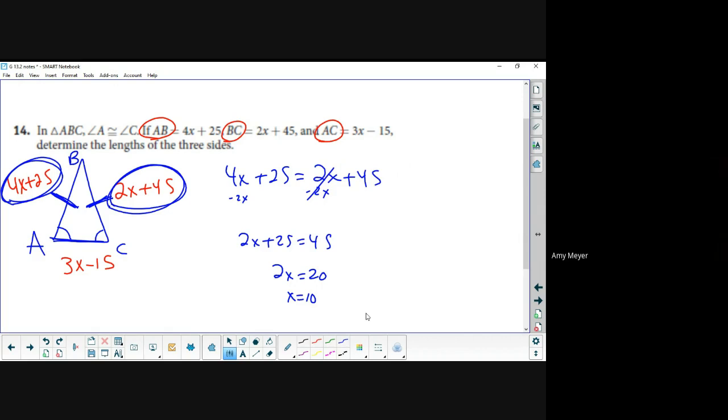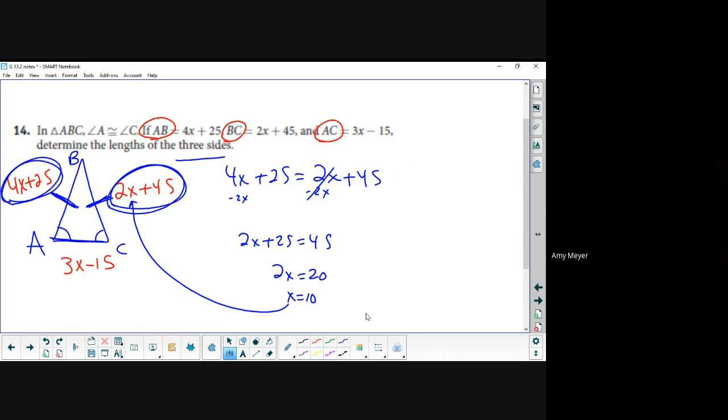So yes, it matters which sides we set equal, but that's what our picture's for. Once you find x, then we can find the 3 sides. So you'd plug x back in to find this side. Anybody need more time getting the 10?